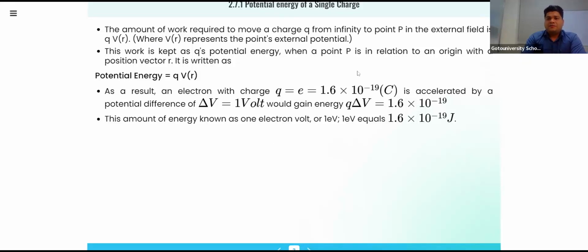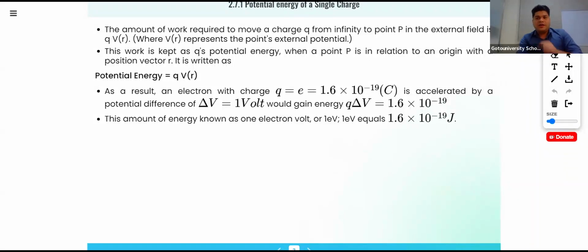Then we have the next point: the amount of work required to move a charge from infinity to point P in an external field is QV(R), where V(R) represents the point's external potential.